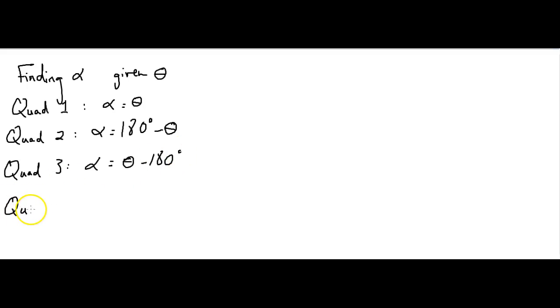And quadrant 4, alpha equals 360 minus theta. Notice we're always using the horizontal axis to measure or to find the difference, not from 270 or 90, okay? Always from the horizontal.